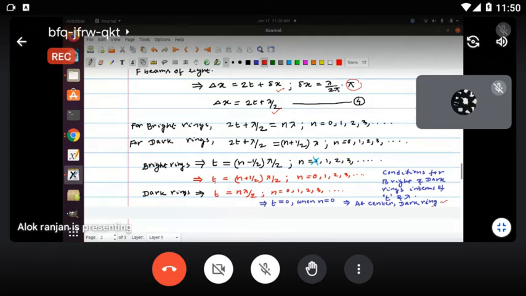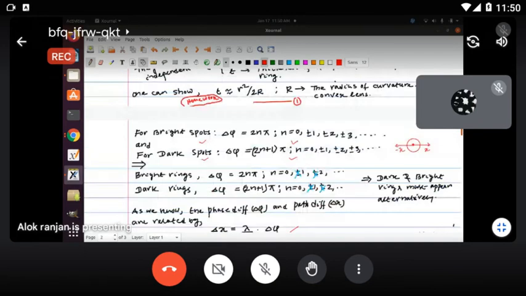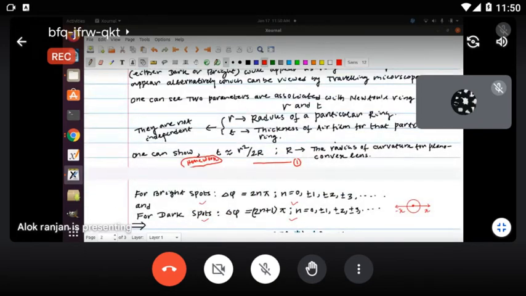Then the next question is, we need to convert this relation in terms of the radius of the Newton's rings rather than the thickness of the air film. And as I said, we have this relation. I have asked that one for homework, so you need to derive it.